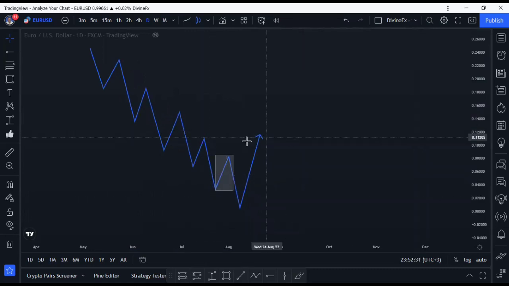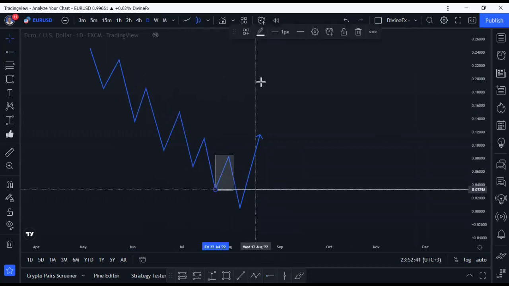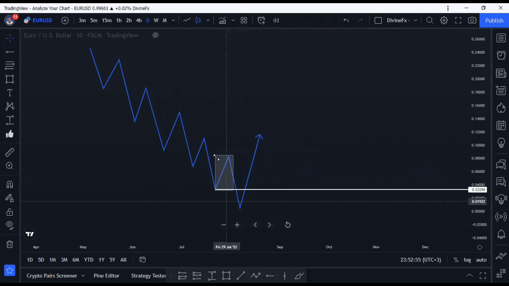So where will this correction end? This correction will end at the invalidation point. This is the point where we expect the price to reverse.